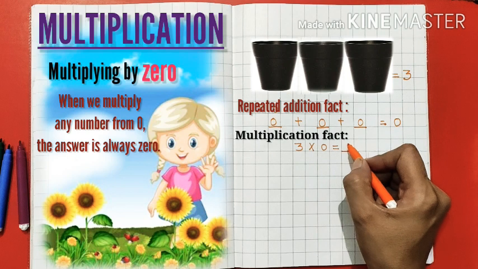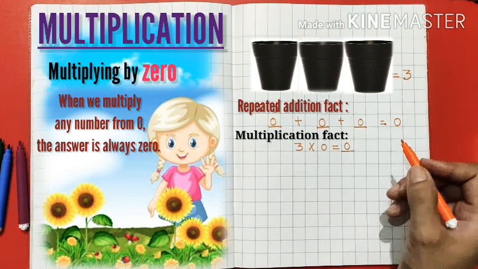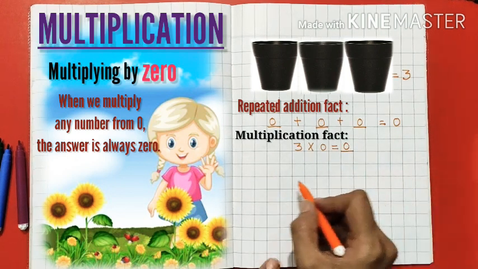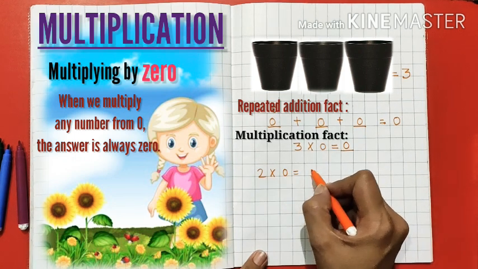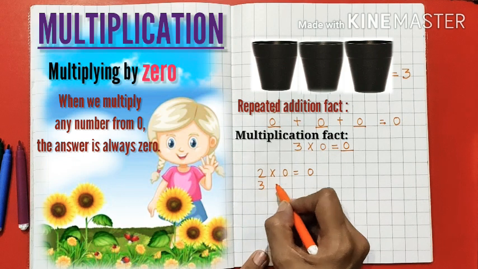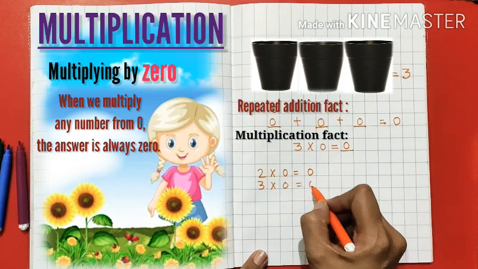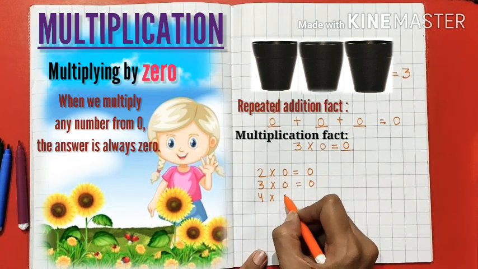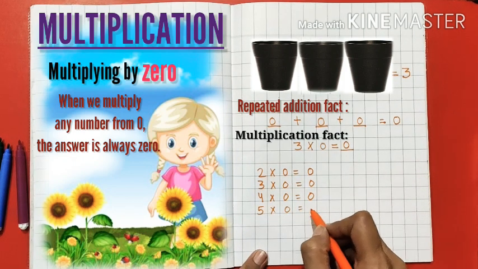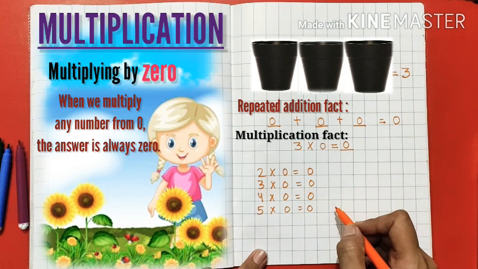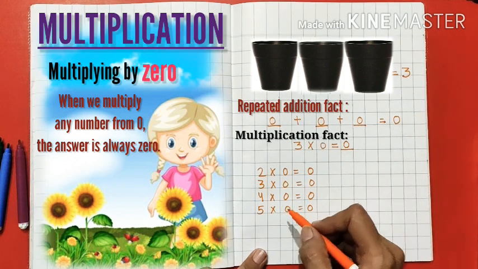So 3 zeros are 0. Suppose when we multiply 2 by 0, we'll get 0. 3 zeros are 0. 4 zeros are 0. 5 zeros are 0. So remember, when you multiply any number by 0, the answer is always 0.